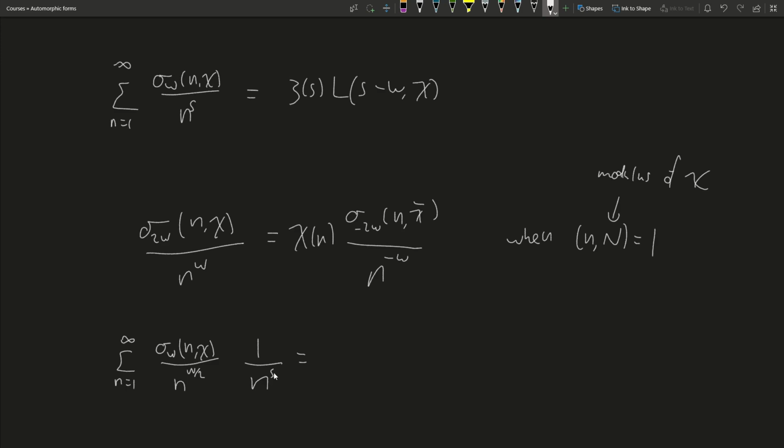This is just shifting s by w over 2, and then using this formula we get zeta of s plus w over 2 times L of s minus w over 2 chi. And this looks a little bit more symmetric, essentially because this is maybe the more reasonable way to normalize this sum of divisors function.